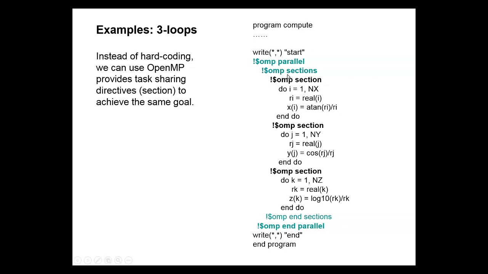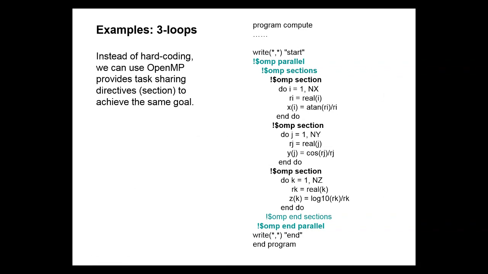In the sections, what you need to do is add sections, telling the compiler I have several sections to come. And the compiler will say this is section one, so one thread will do this part. The other thread will jump in and pick up this part, and another thread will pick up this part. If you have more sections here and you have fewer threads, the threads that finish one will pick up the next one.